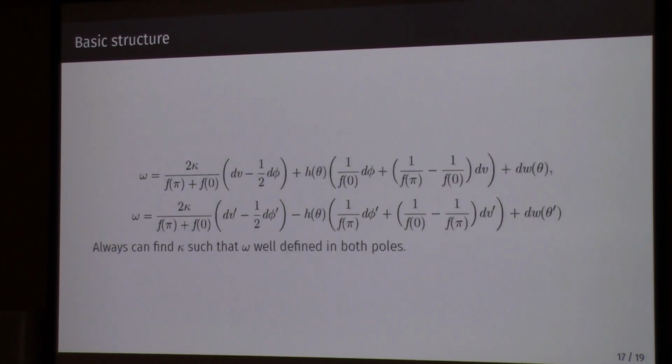And of course, you also need to check that our rotation one-forms are well satisfied at the respective poles, which apparently you can also do if you choose a suitable kappa.